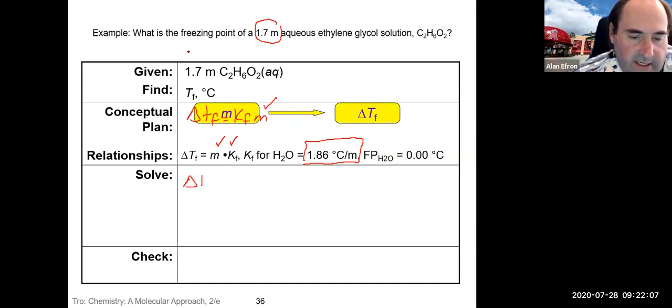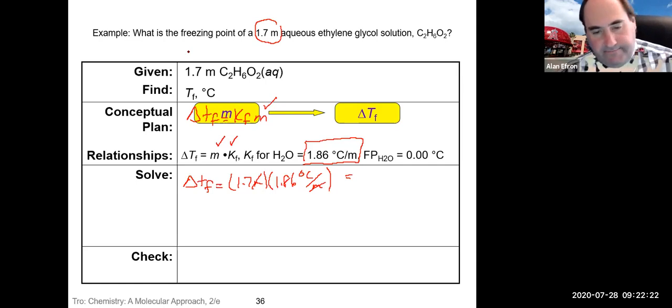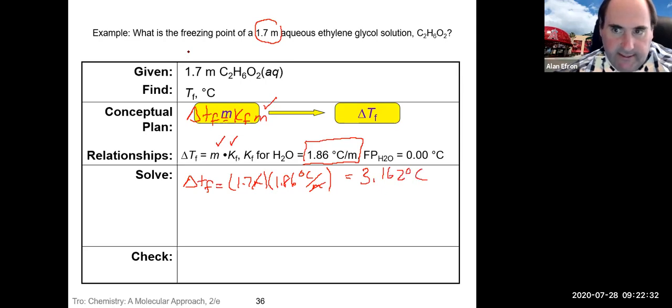So to find the change in freezing point temperature, it is 1.7 times 1.86 degrees Celsius per m times m. The m's are going to cancel, and when you do that, you end up with 3.162 degrees Celsius, or 3.2 if you want to do a little bit of rounding, which might be good.